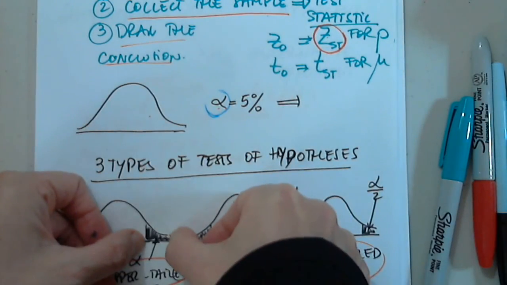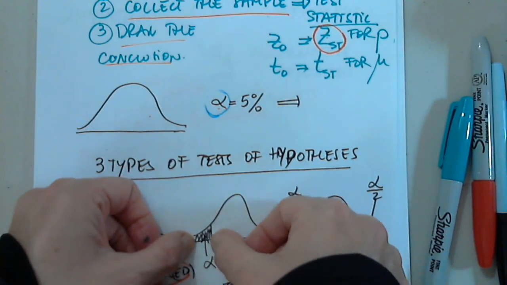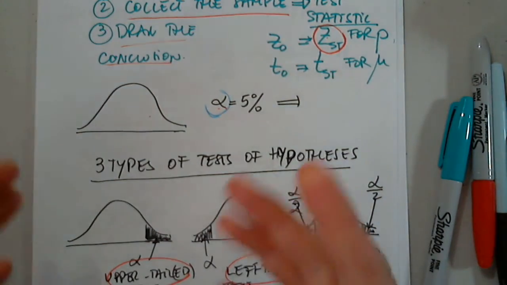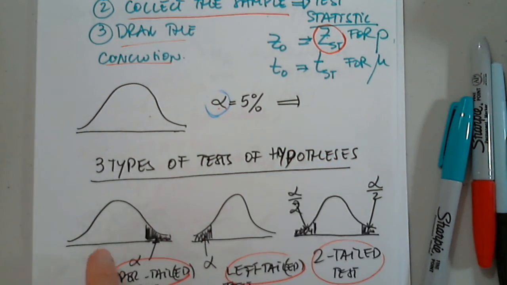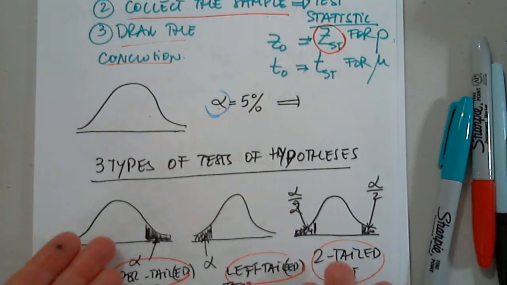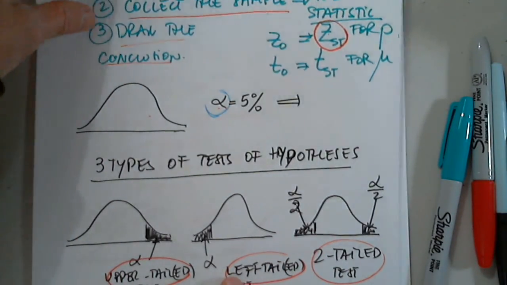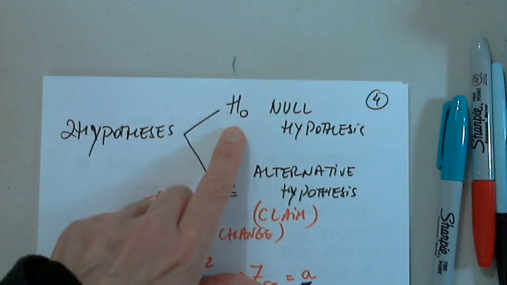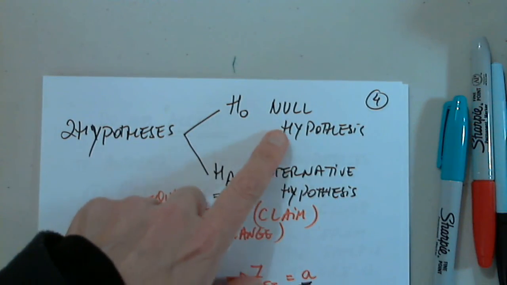If they fall in the rejection region, we reject the null hypothesis. If the test statistic falls in the non-rejection region, we fail to reject the null hypothesis and say, from this sample, there is not enough information to put any doubt on the null hypothesis.